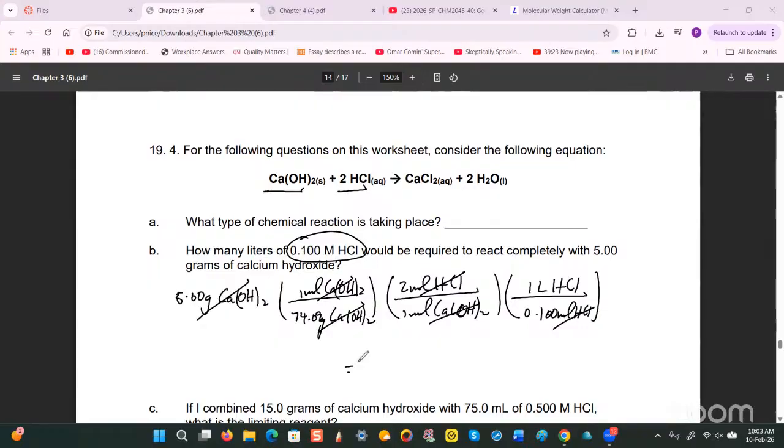So all we have to do is 5 divided by 74.09, times 2, and then divide by 0.1. According to my calculation, this works out to be 1.35. Is that correct? Yes, okay. So 1.35 liters of HCl. All right. And that's all that is done.